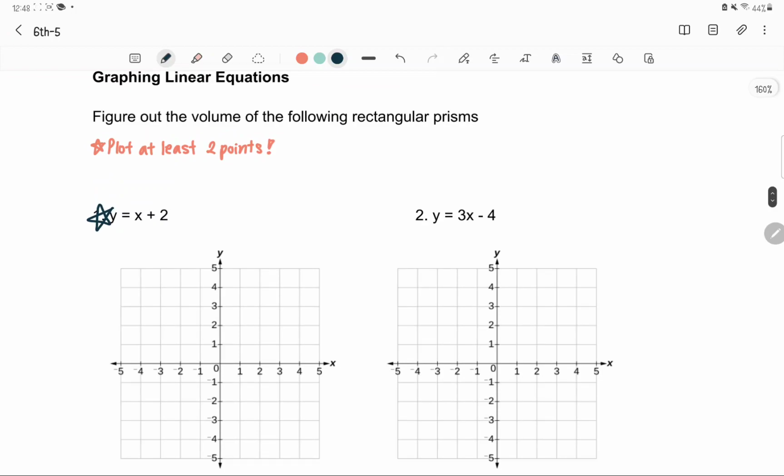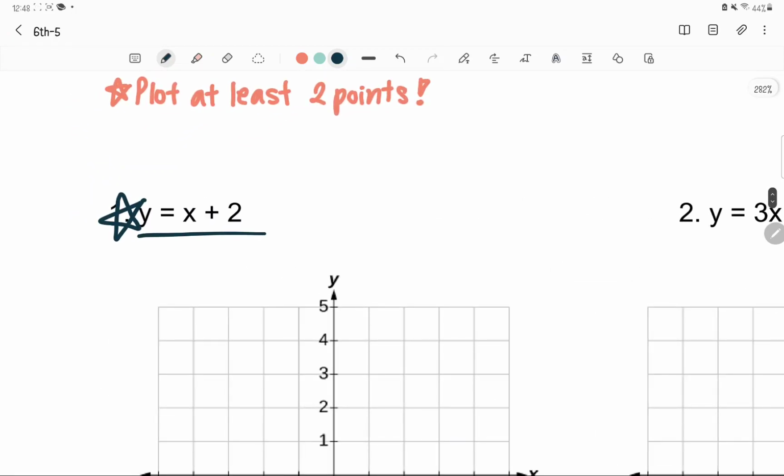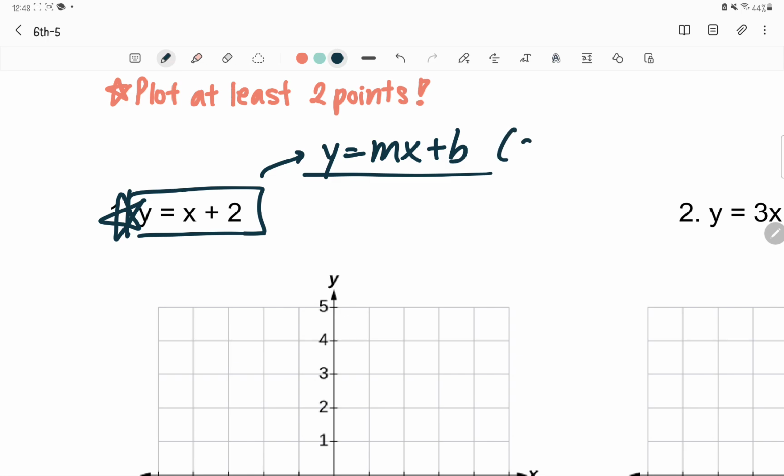Like I said, this is also in slope-intercept form. Y equals mx plus b, right? This is the general slope-intercept form. And you can determine that y equals just x, right?